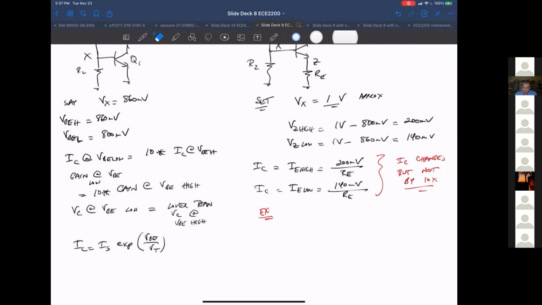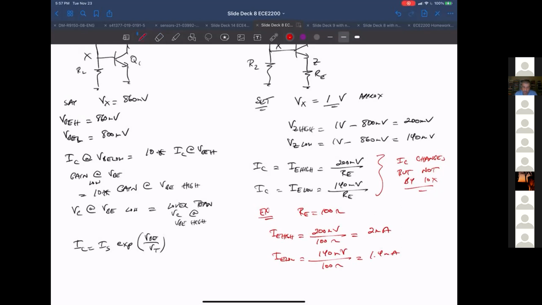Now let's say R sub E is 100 ohms as an example. So I E high would be equal to 200 millivolts over 100 ohms, so it's equal to 2 milliamps. And I E low would be 140 millivolts over 100 ohms, or 1.4 milliamps.